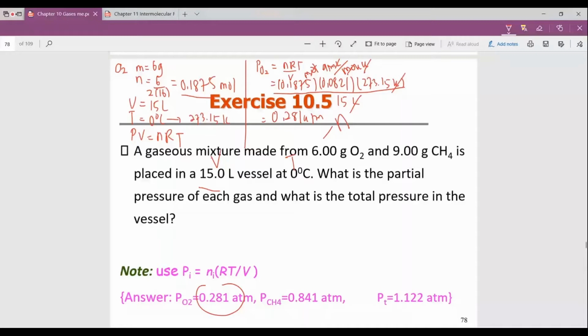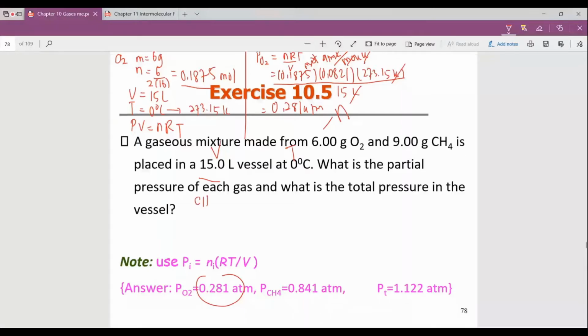For CH4, we are also given the mass. Mass is 9 gram. How to find mole? Mole equals mass divided by molar mass, 12 plus 4. Then you get the number of mole for CH4 is 0.5625.